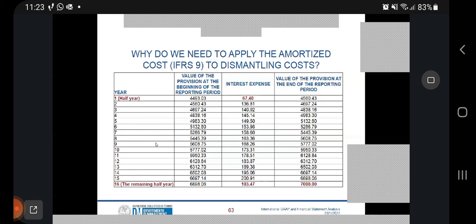Through this procedure you get the final value after 15 years of 7,000, which is the value of the provision at the end of the useful life of the asset. I did it on Excel, don't worry. Any questions?